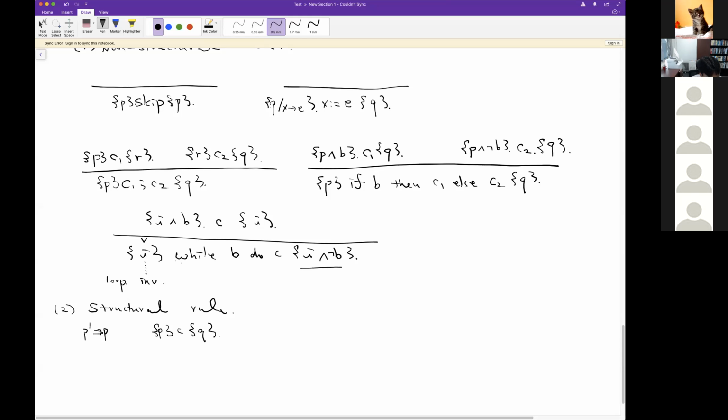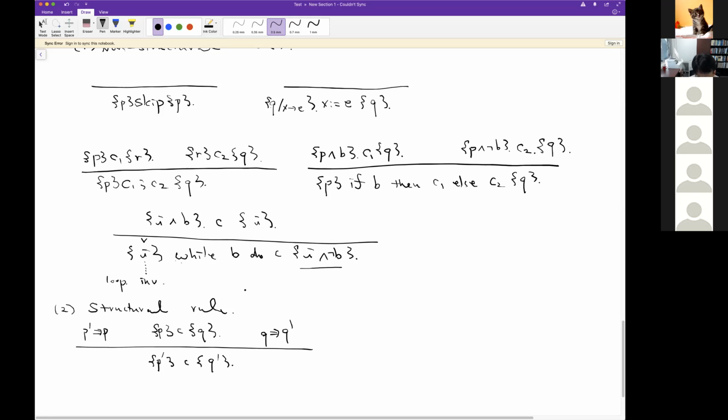So if P' always implies P, and Q always implies Q', so P' implies P is true for all states, and Q implies Q' is true for all states, then we can replace P by P' and Q by Q'. So that's what the rule is telling us.